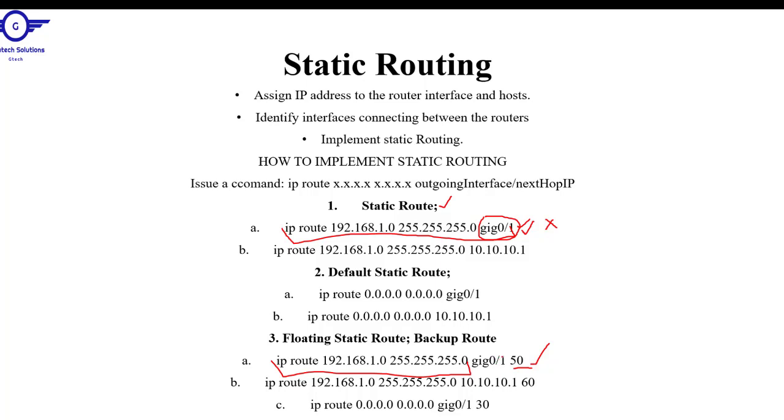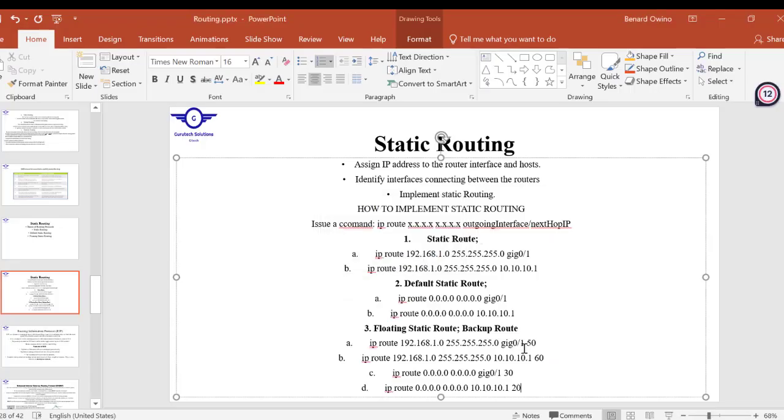So for good practice, if there was gig 0/2, we should use that one. For example, let me just close this one and change this now to gig 0/2, and this one to be 11 dot something. This should not be the same.